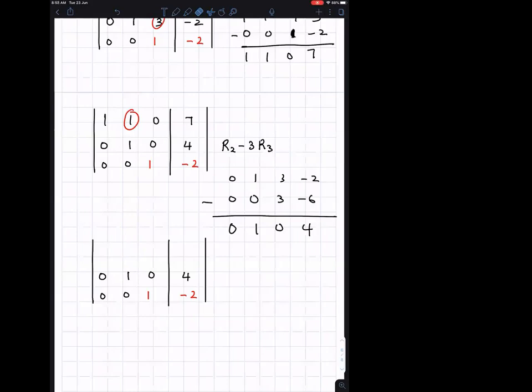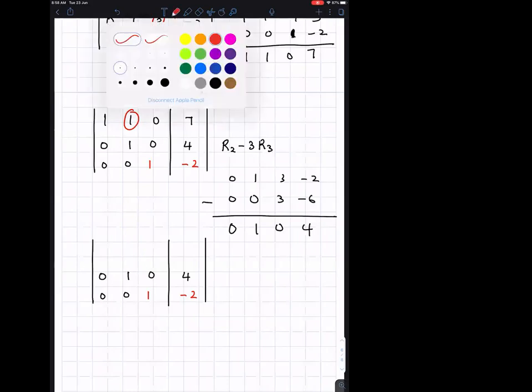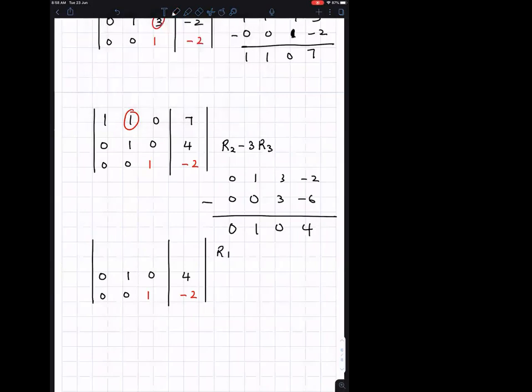The next one, you can easily make this go to 0 by subtracting row 2 from row 1. Row 1 minus row 2. You cannot do row 3 because row 3 is already 0.